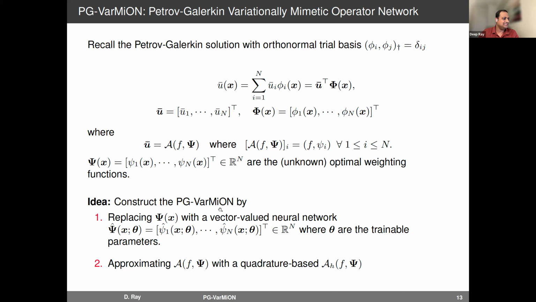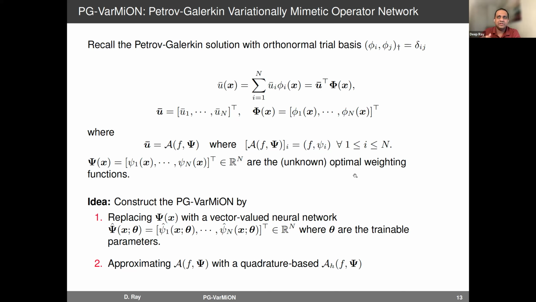This is a neural network that takes as input x and throws out a vector valued output of size n, right? And I can treat each output as a corresponding approximation of the weighting functions psi i. So I'm replacing the psi with the psi hat.